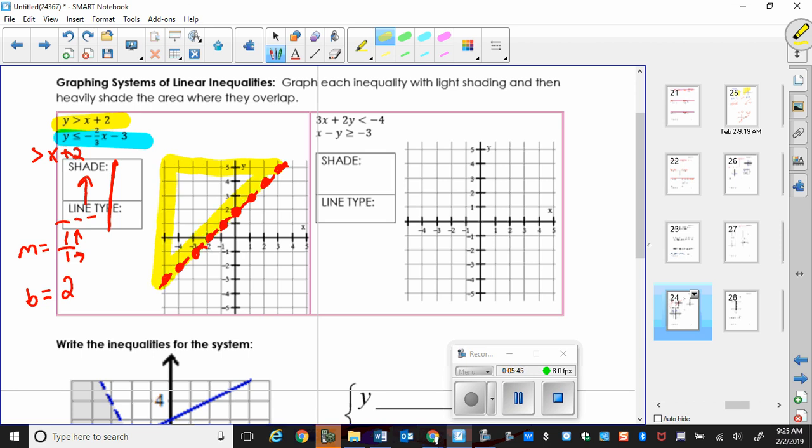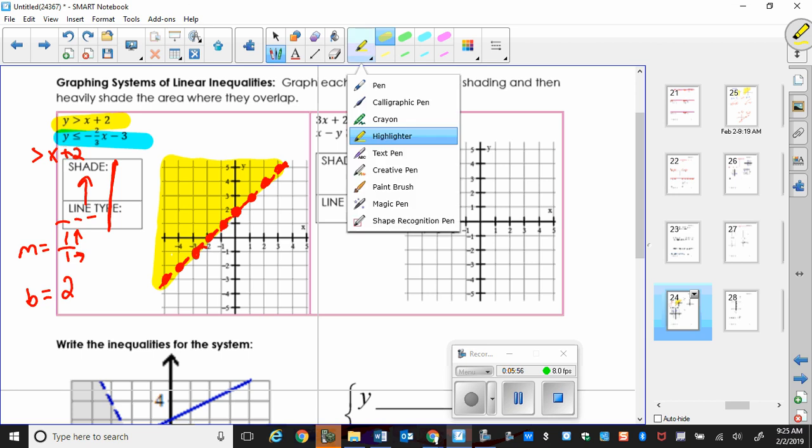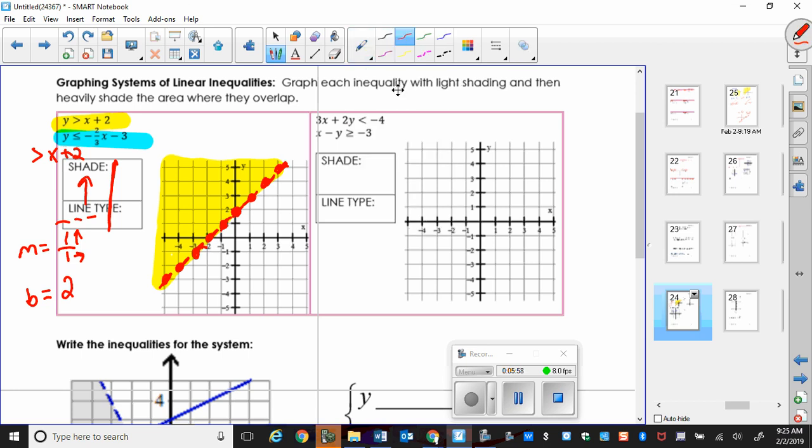All right. Now we're looking for not just a single point, but where the shaded sections overlap. Okay? So this is y is greater than x plus 2.